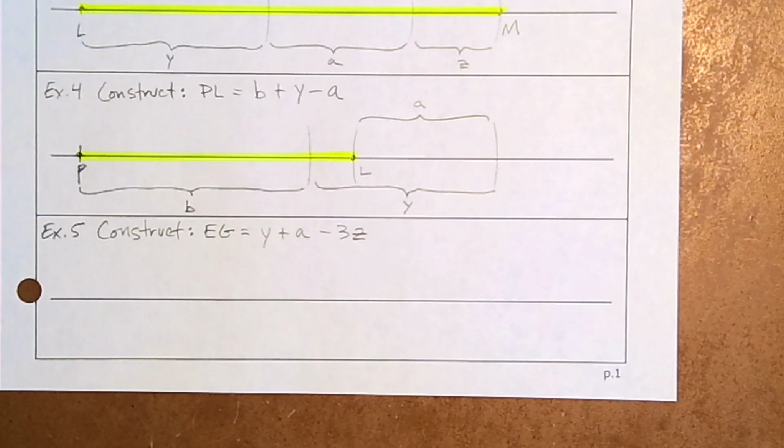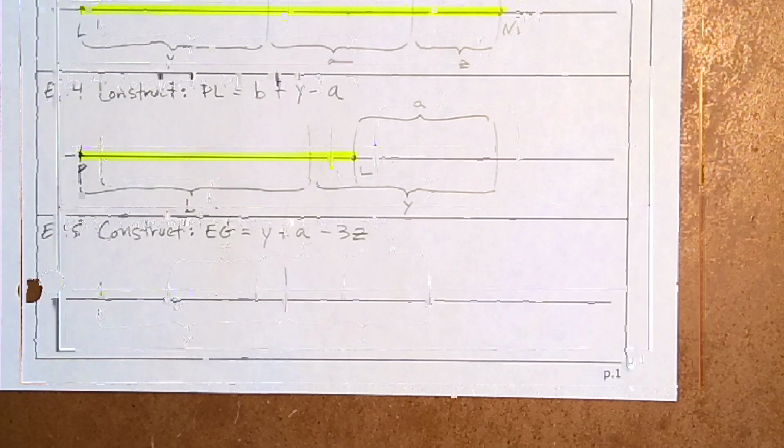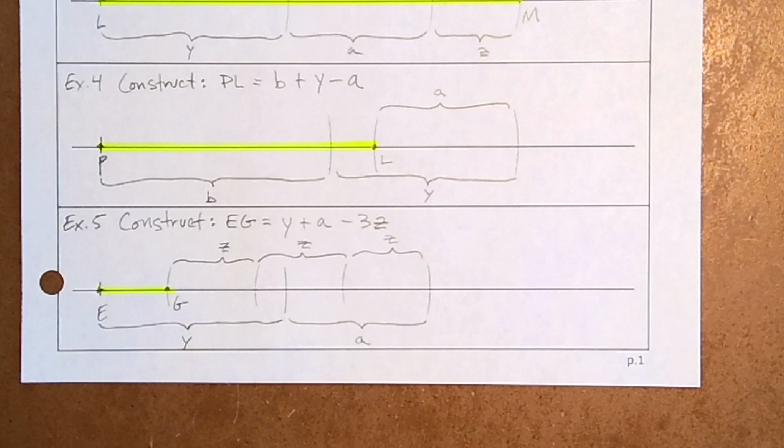Segment EG, y plus a minus 3z units long. All of you, top to bottom, ready, set, go. Segment EG, y plus a minus 3z should have looked like that.